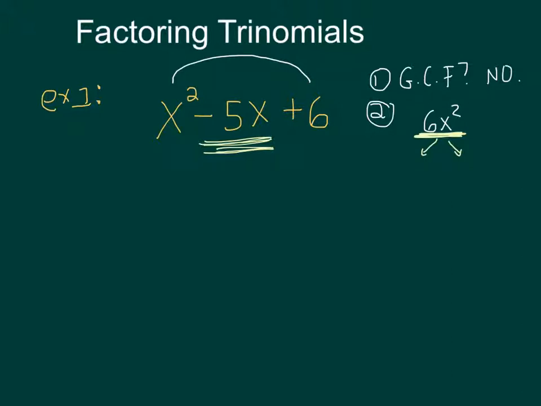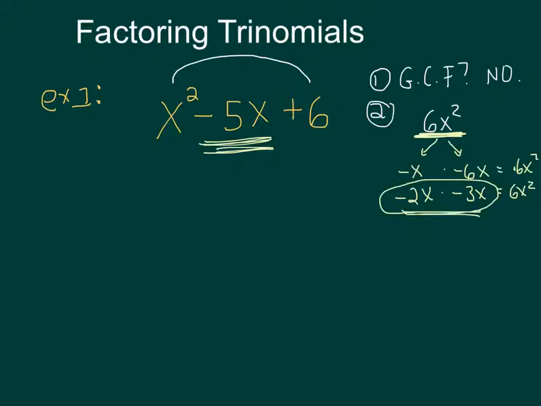So negative x and negative 6x multiply to be positive 6x squared, but they add to be negative 7x, which is close but not close enough. My second factors will be negative 2x and negative 3x, which still multiply to be 6x squared, but now it actually adds to be negative 5x, which is what I was looking for.